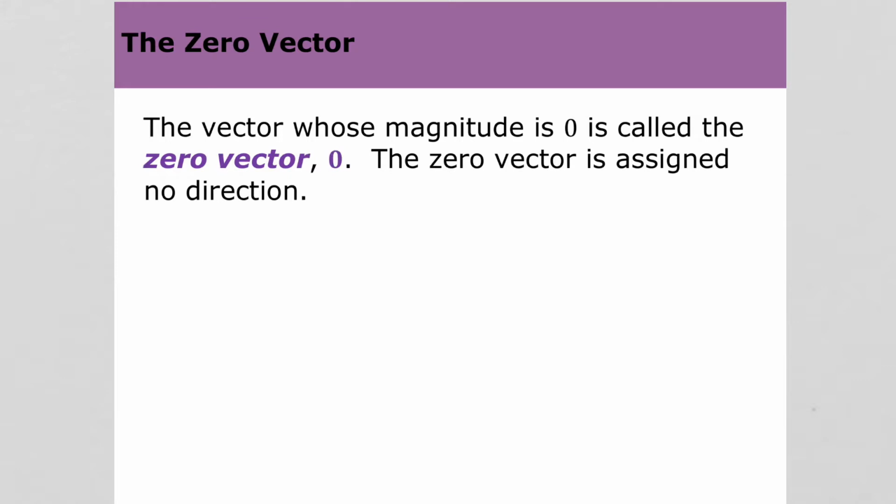A zero vector is a vector whose magnitude is 0. It has no length and no direction. It's basically just a point, I suppose.